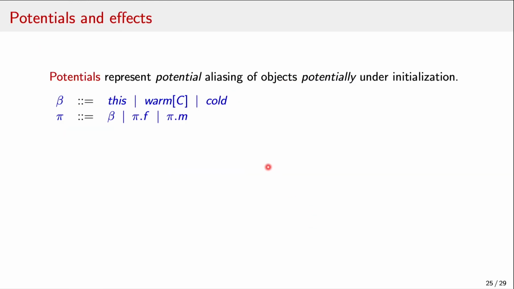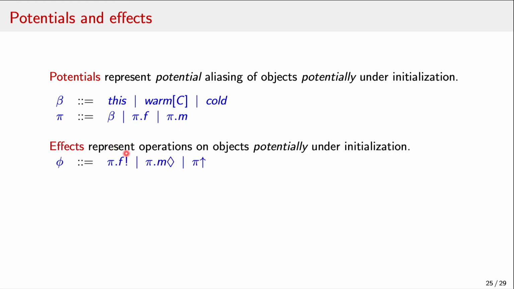To summarize, potentials represent potential aliasing of objects which are potentially under initialization. There are 3 fundamental potentials: this, warm, and cold. A potential can be refined by field selection and method calls. Effects represent operations on objects potentially under initialization.